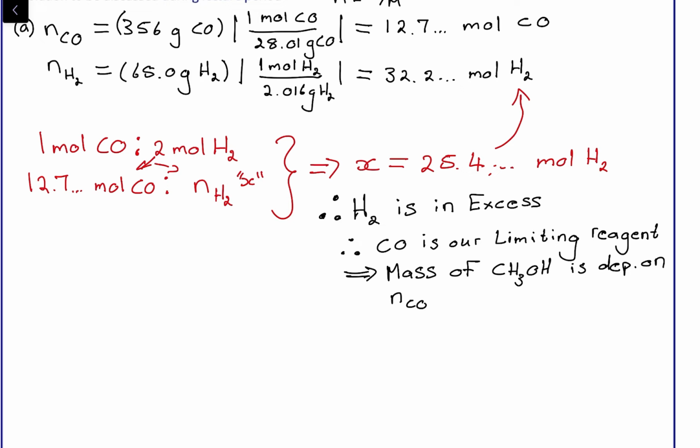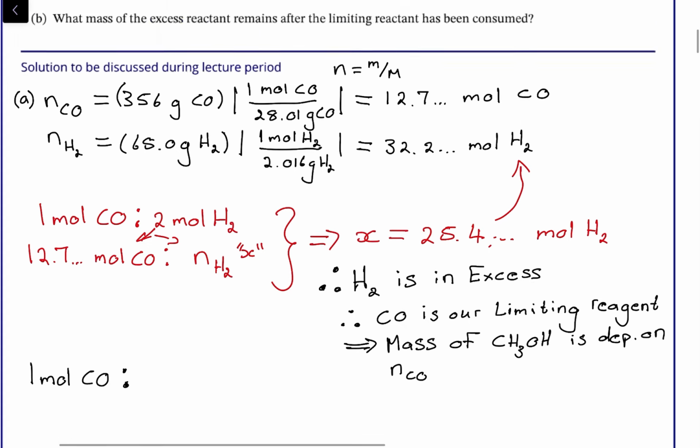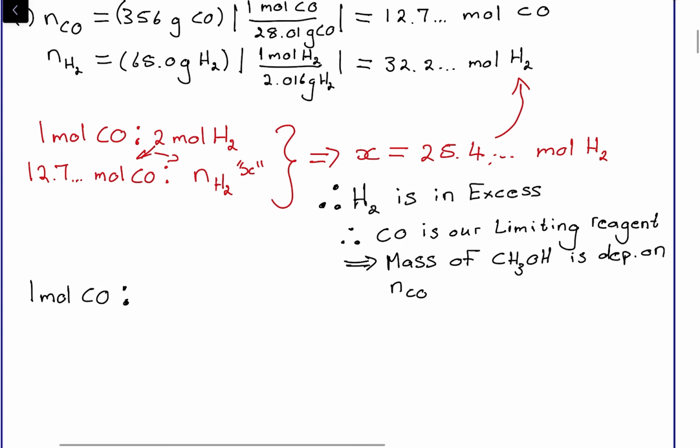All right. So the next important part is we need to now look at what is the mole ratio between our limiting reagent and our product. And we see that is 1 to 1. So 1 mole of CO produces 1 mole of CH3OH.